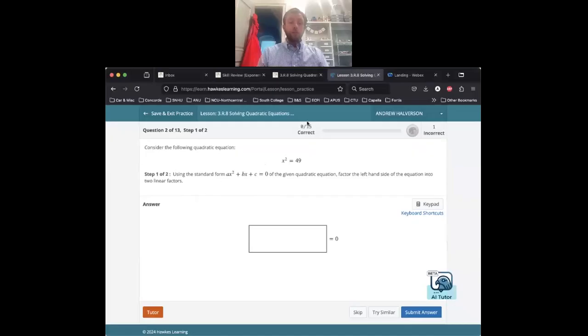Now, the key to it all is that the right-hand side has to be equal to 0. If we have something like x squared equals 49, the 49 on that side kills it. We need to get the 49 on the same side as the x squared. That's a little different from what we've been doing, but it's unique to solving quadratics. So how am I going to get that 49 to the other side of the equal sign?